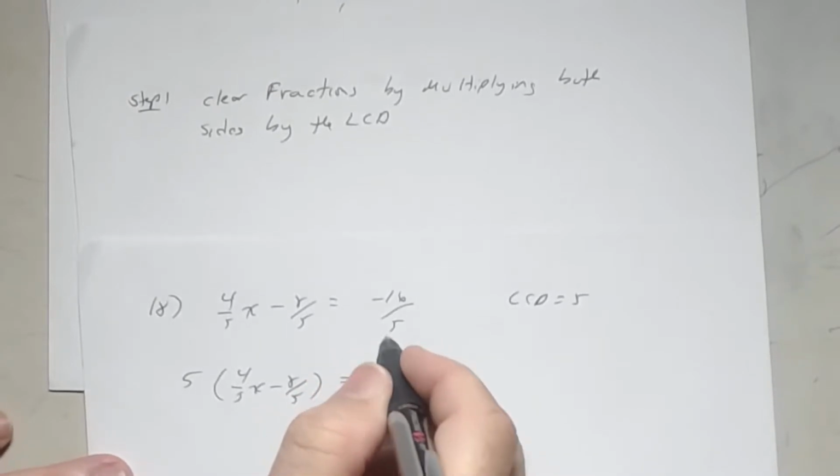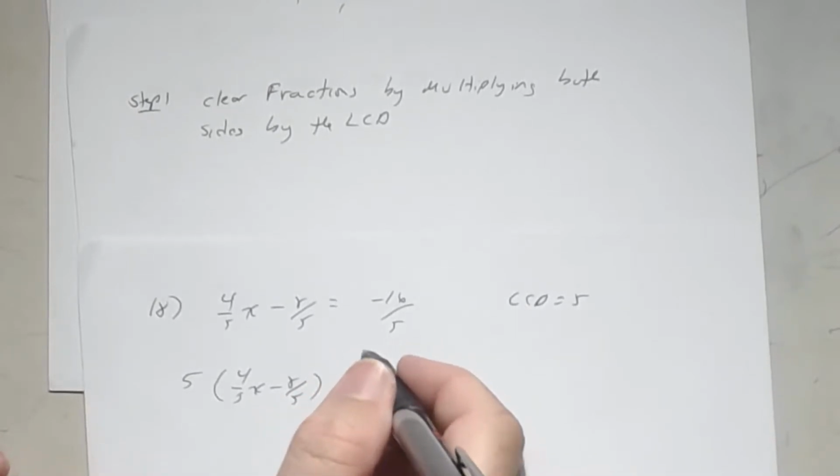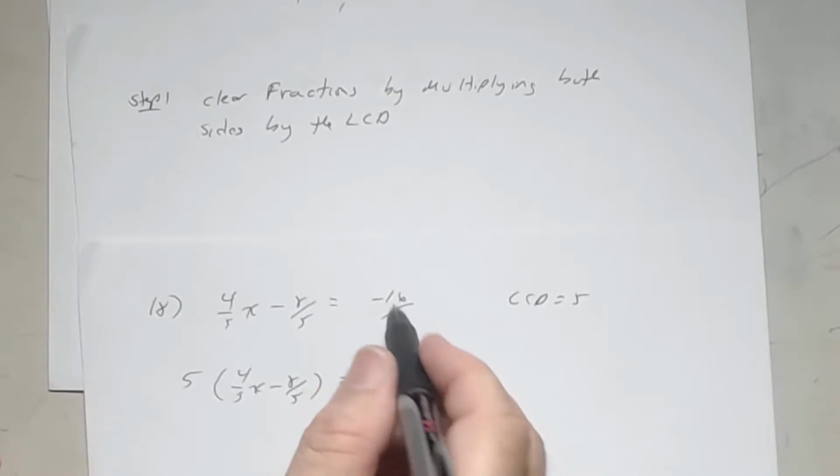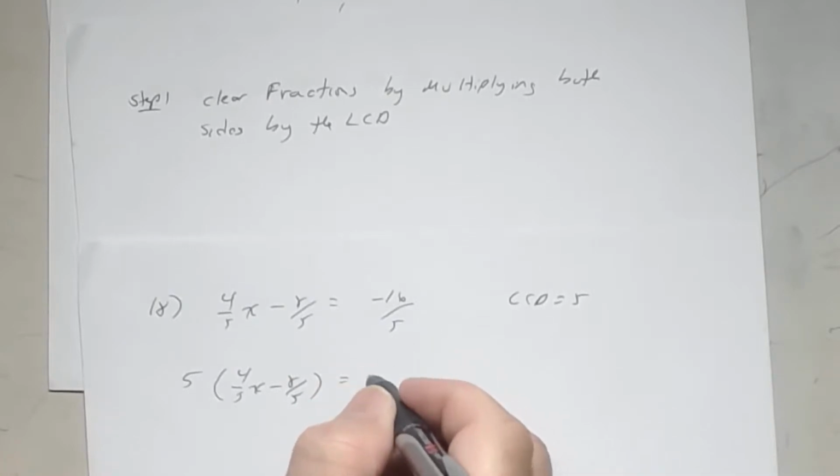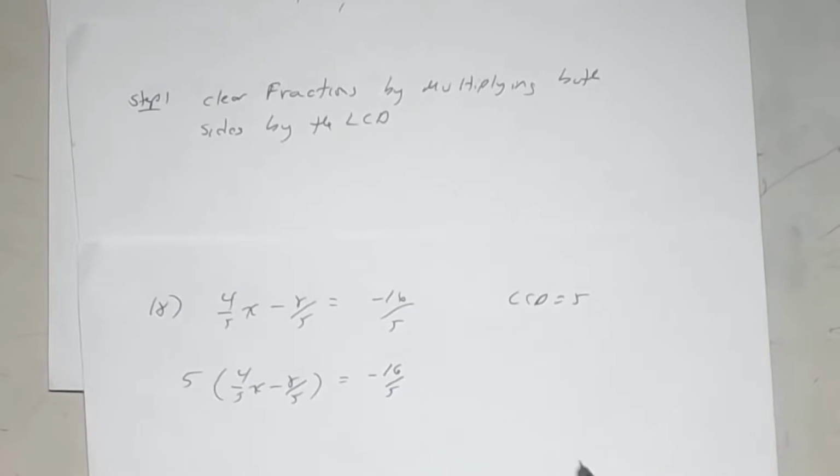The right side only has 1 term, so you don't need parentheses. In fact, I wouldn't put parentheses, just 1 fraction. So just rewrite it over. But remember, what you do to one side, you have to do to the other. So if I multiply the left side by 5, I've got to multiply the right side by 5.